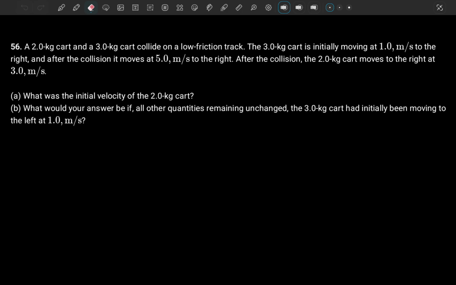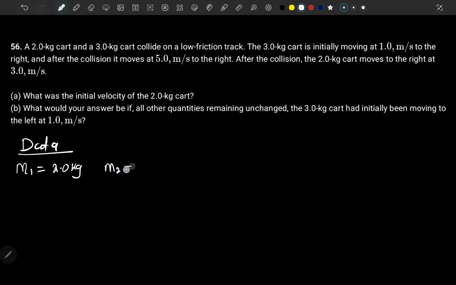So let us first write the data given. Our mass 1 is 2 kilogram, and the mass 2 is 3 kilogram. V2 initial is positive 1 meters per second.